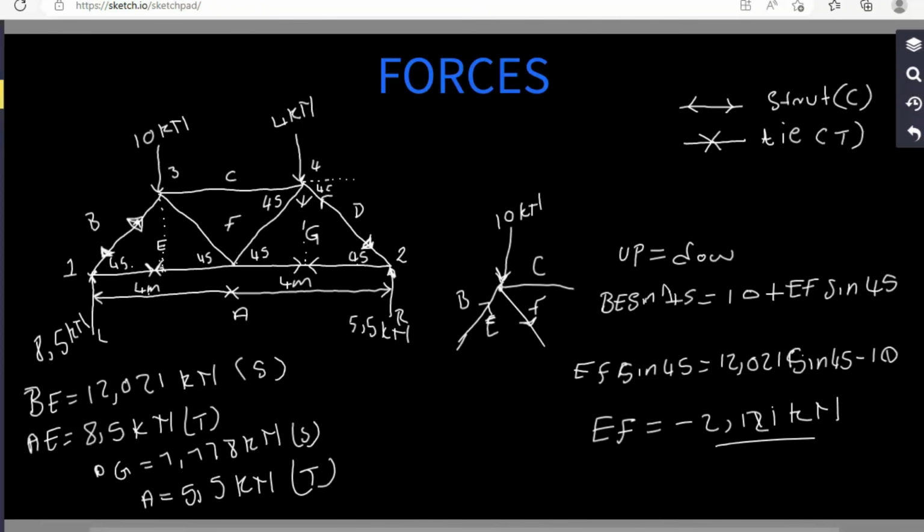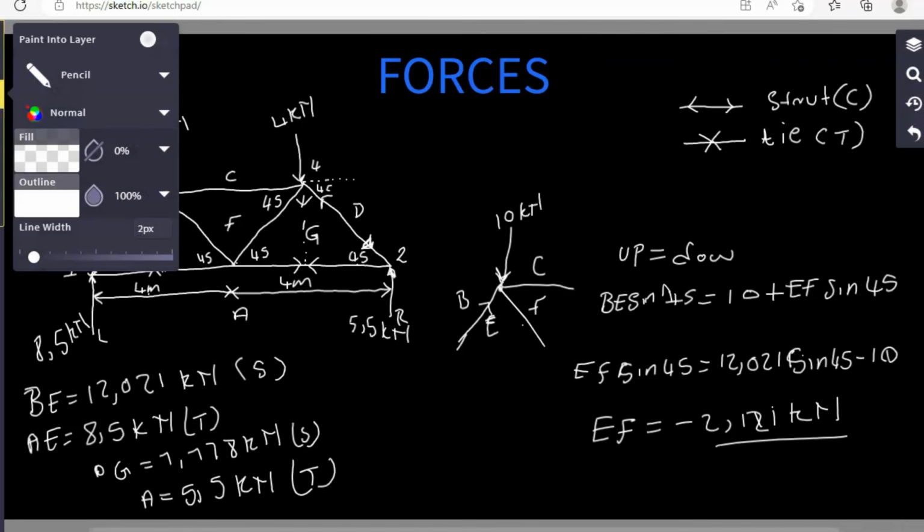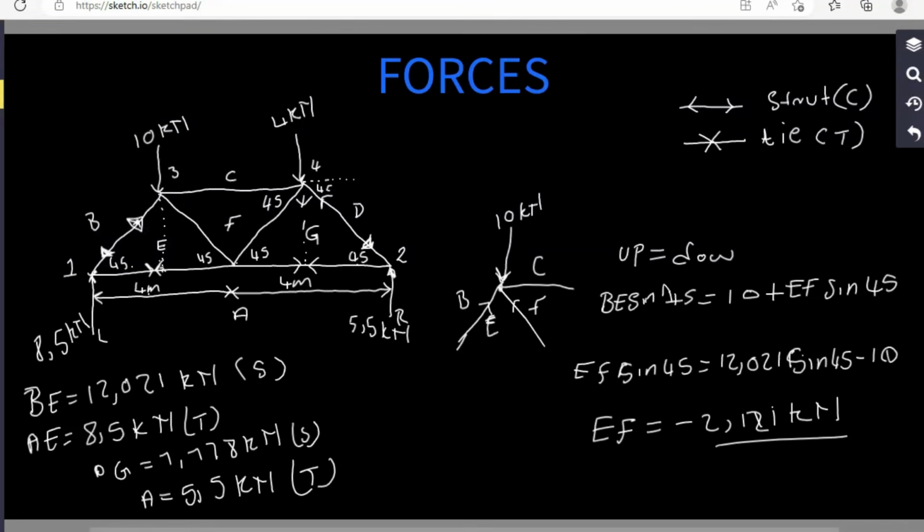We have the magnitude, but it is negative. What does that tell us? It tells us that the direction that we have chosen is wrong. Therefore, we are going to correct the direction. The direction should be towards this point.